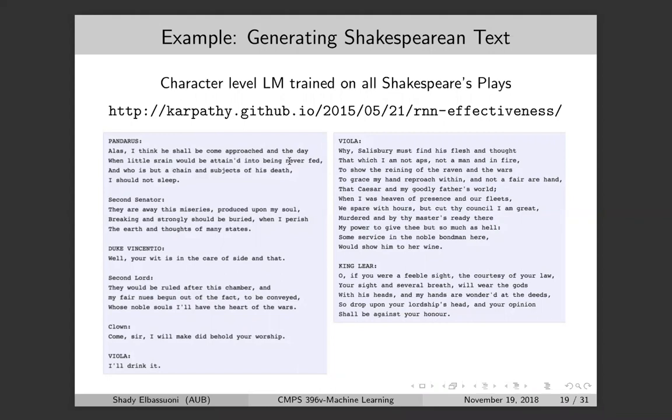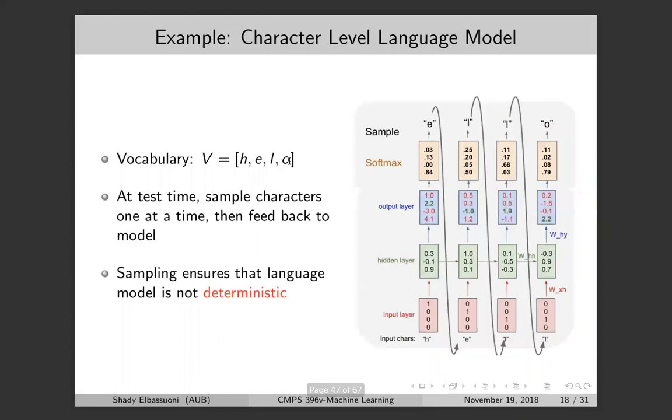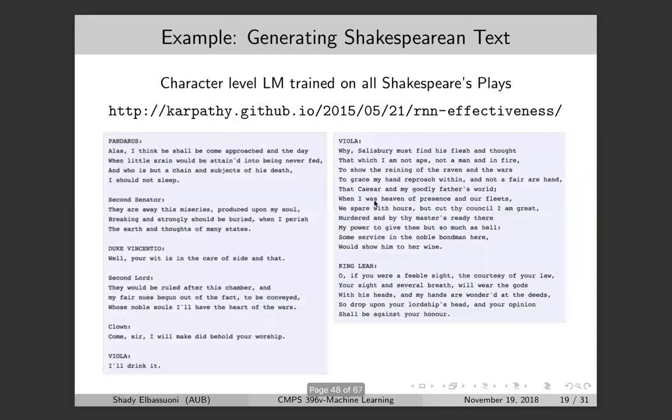They trained a character level language model on all Shakespeare's plays. They took all Shakespeare's plays and trained this architecture that I've just told you, sending it sequences character by character, and tried to learn the probability distribution of the characters. Once they did this, they managed to generate new plays for Shakespeare.